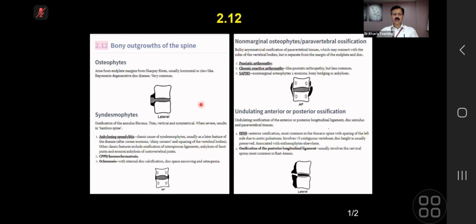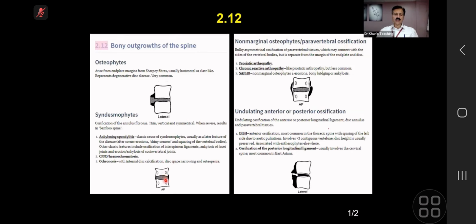But I like the concept given in Chapman. The word syndesmophyte is something else, and the better word for a non-marginal osteophyte, which I found more useful, is paravertebral ossification.